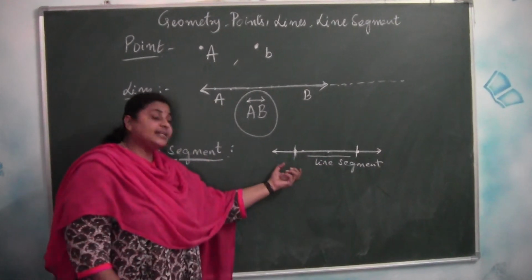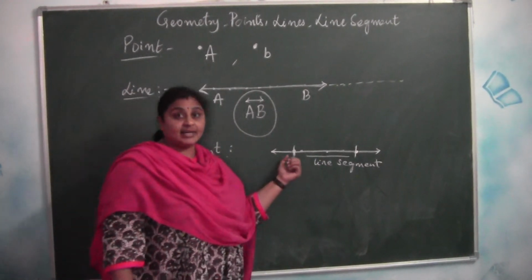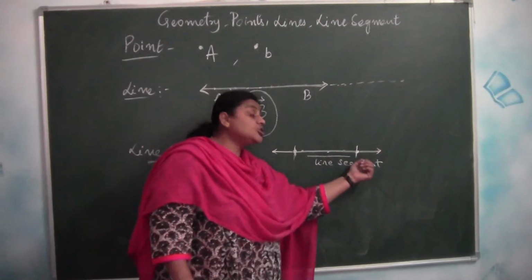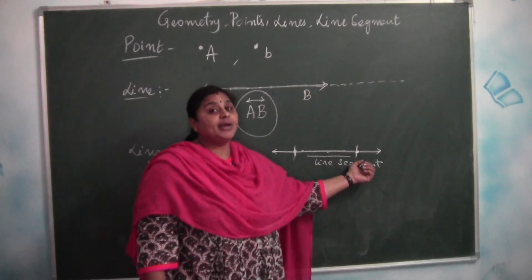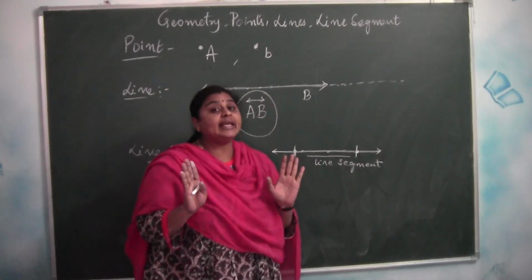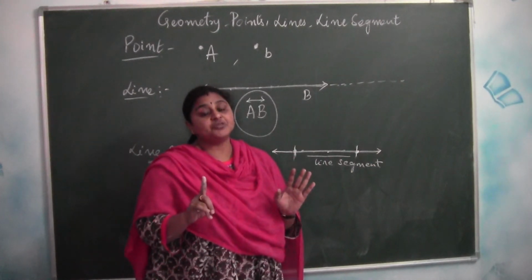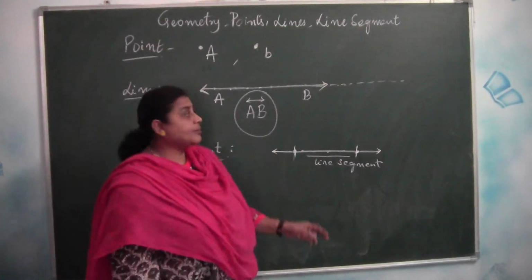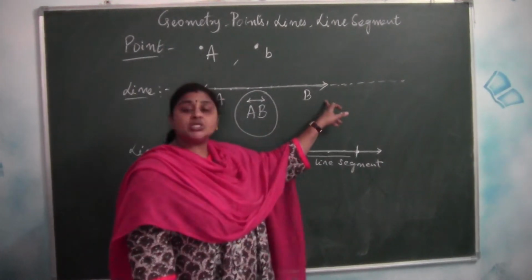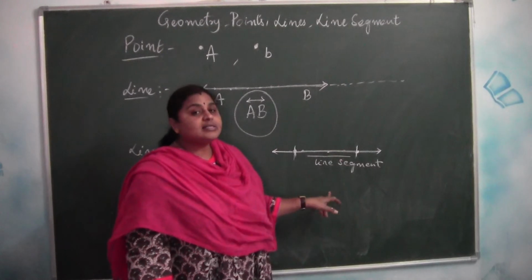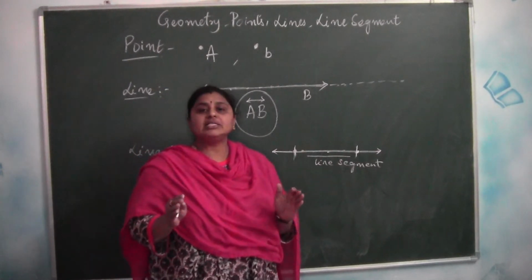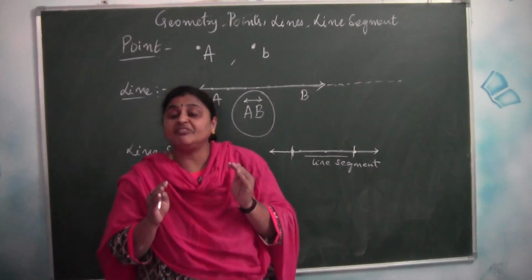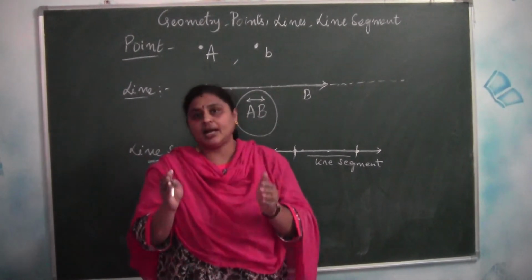But coming to line segment, it has a starting point and it also has an end point. And to represent a line segment, we are not using any arrows, children. That is the difference between a line and a line segment. For a line, we use the arrow marks. For a line segment, we will not use the arrow marks because a line segment itself is a part of the line.